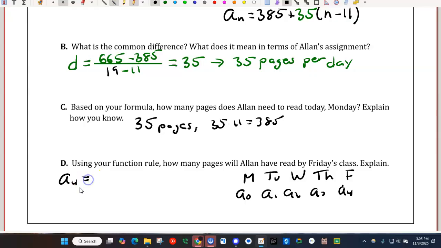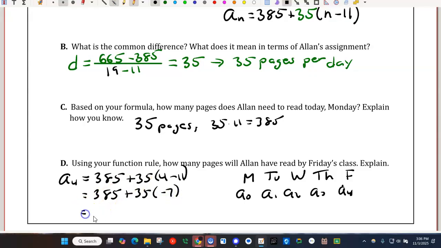That's what Friday is. And then we have 385 plus 35 times 4 minus 1. Oh, no. Oh, 1, 1 again. Do that again. 35 times negative 7.